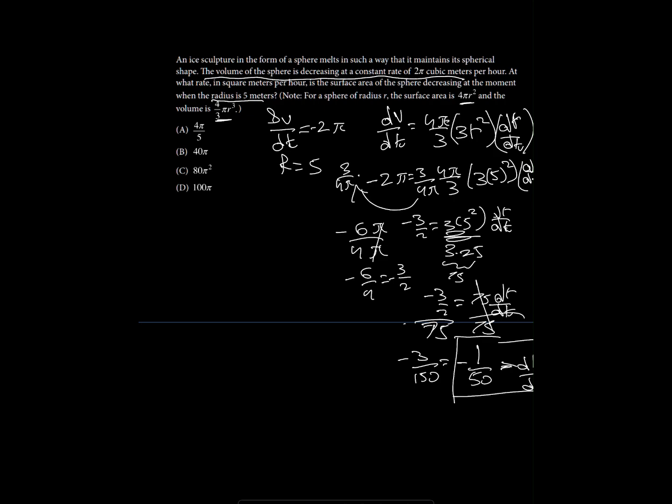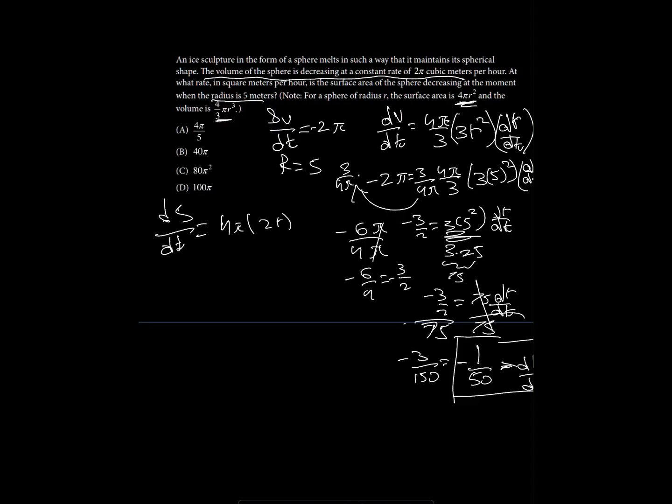Alrighty. So now that we found our dr dt, we can now actually solve for what the problem is asking us, which is calculating the rate at which the surface area is decreasing.